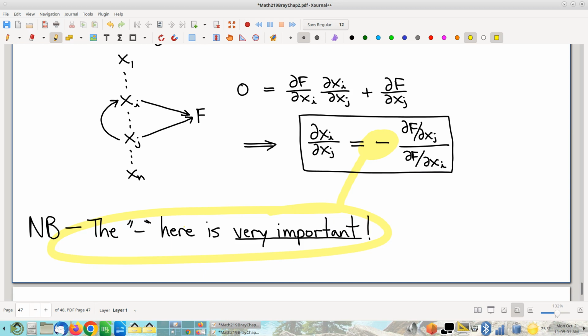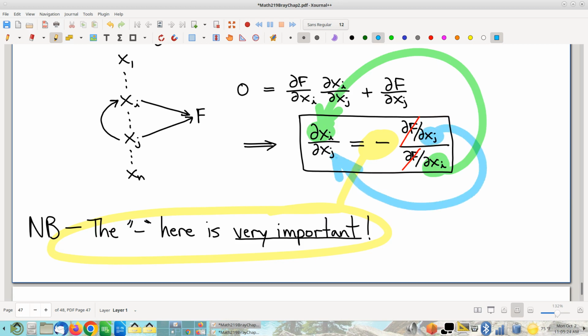So it's tempting, so tempting. But don't do this. This is garbage nonsense. It's tempting to cancel the partial f's and to then say, hey, this is in the denominator of the denominator and therefore is my numerator. And let's see here, this is the denominator of the numerator, therefore it's my denominator.